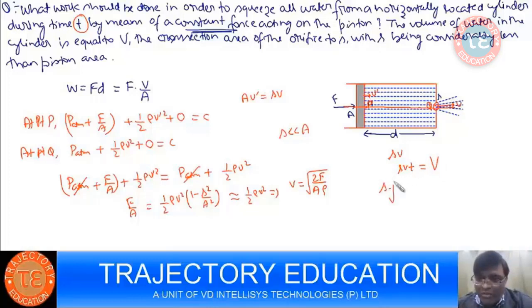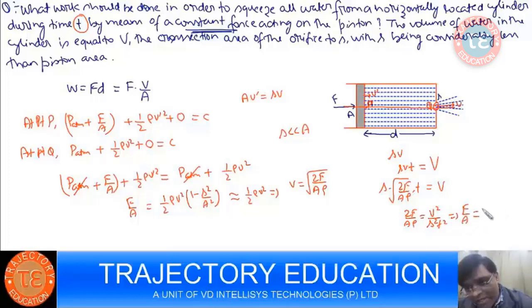So this velocity is what? 2F by A rho into time t is volume. And from here we get 2F by A rho as V square upon s square t square, and F by A is rho V square upon 2 s square t square.